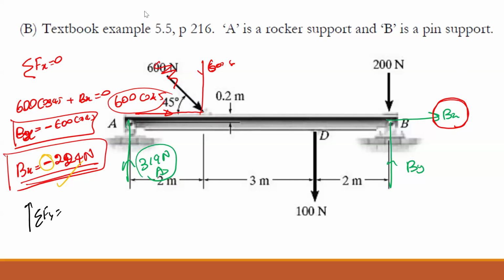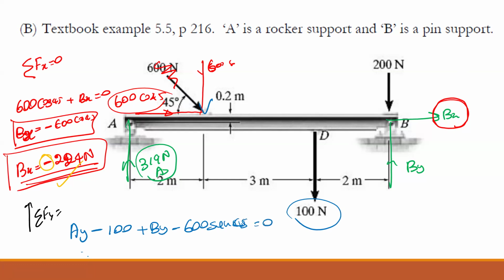So what are the y direction forces we have? We have AY, positive, upward arrow; negative 100, because this arrow is downward; positive BY, arrow is upward; negative 600 sine 45, arrow is down. So that is equal to 0.